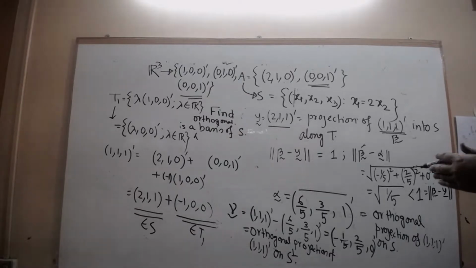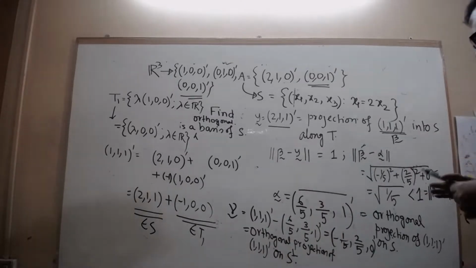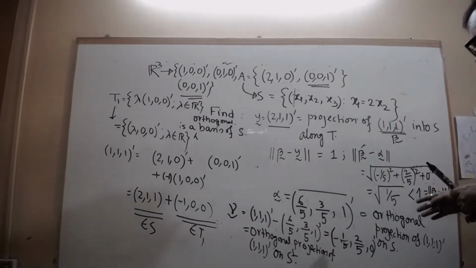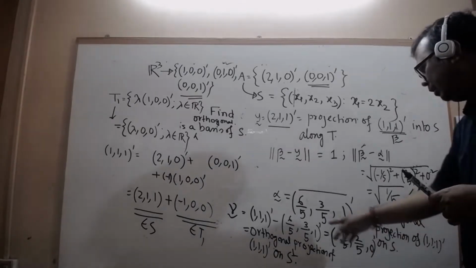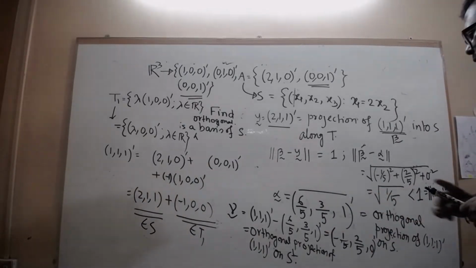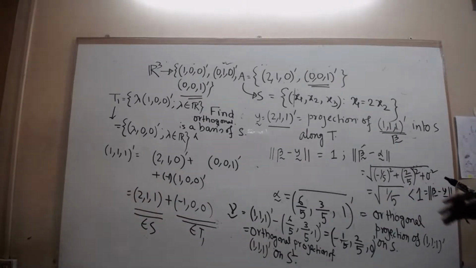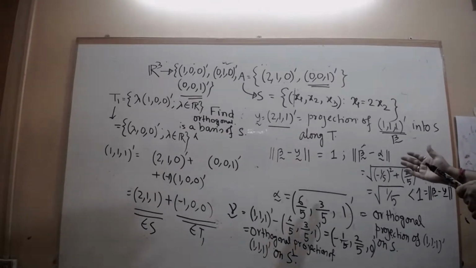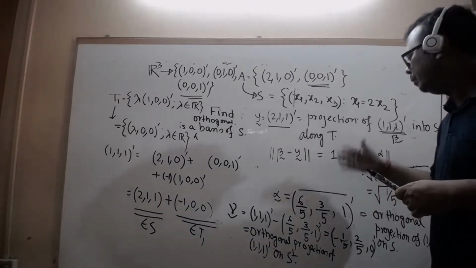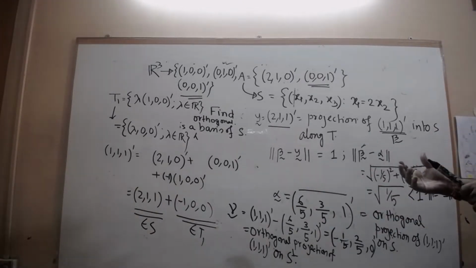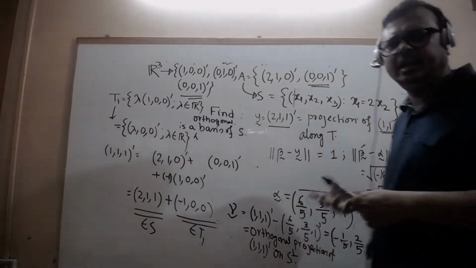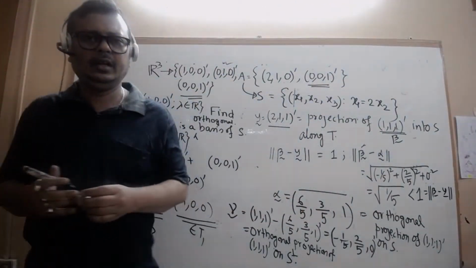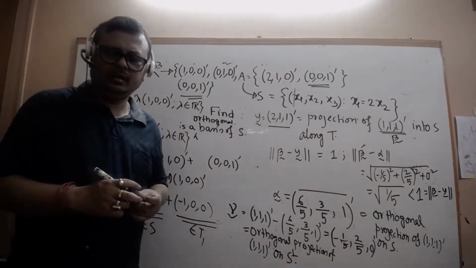So this means you have a lot of projections for beta curve, but you choose this projection (6/5, 3/5, 1), that is the alpha curve orthogonal projection, because this gives you the minimum distance. Minimum distance means you get a more accurate result than any other projection. This is the idea of the least square principle. Okay, agree?